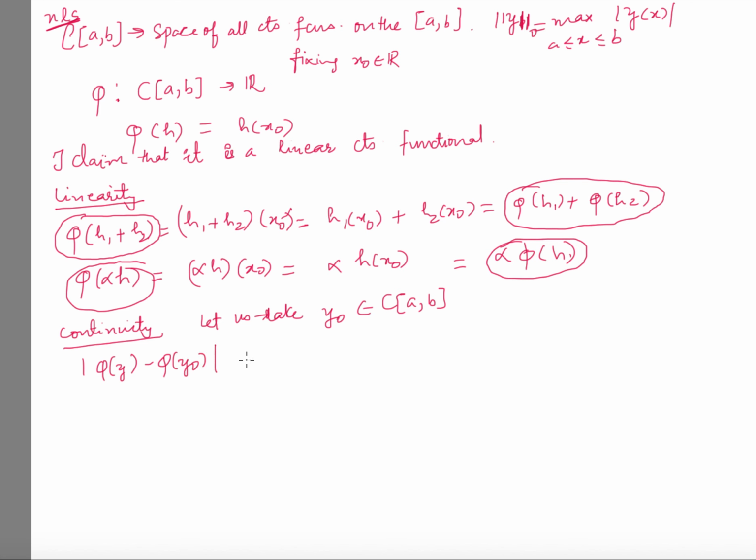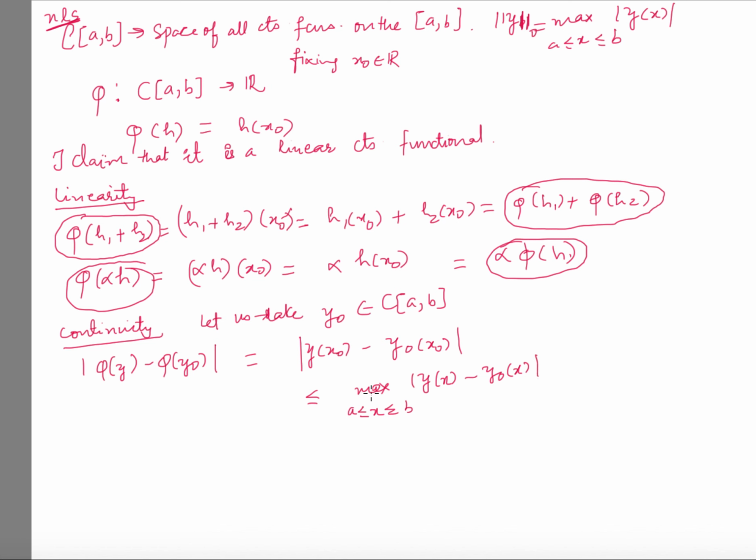This is y of x naught minus y naught of x naught. This is a number. Now you can see that this is obviously less than or equal to the maximum of the mod of y of x minus y naught of x.